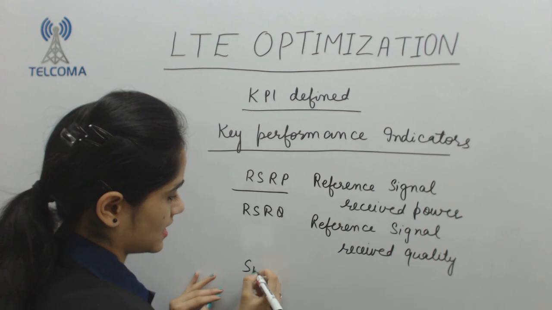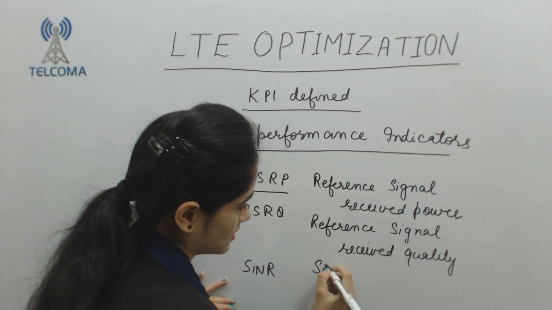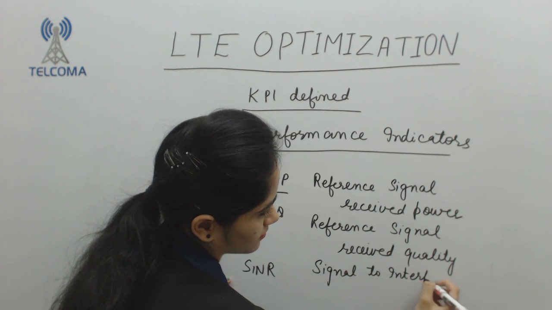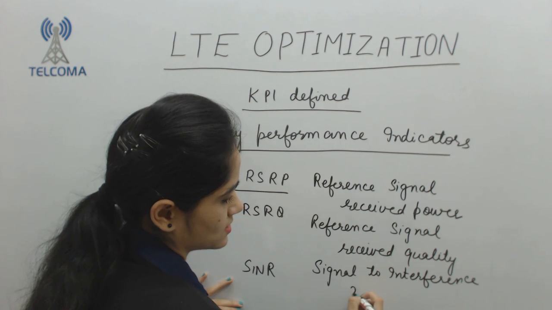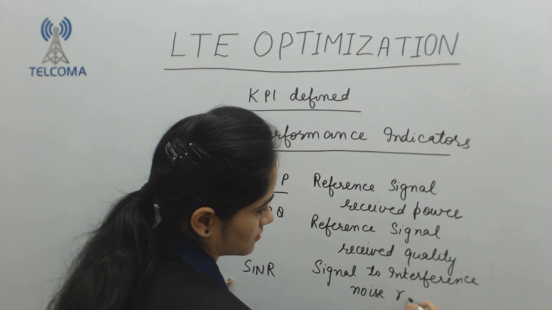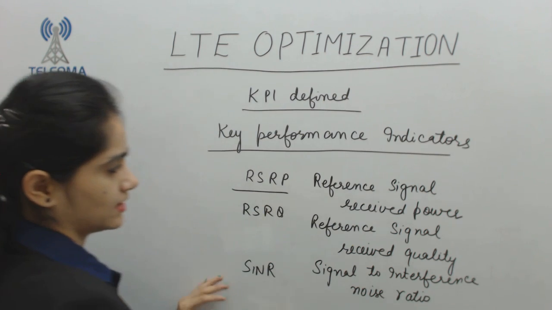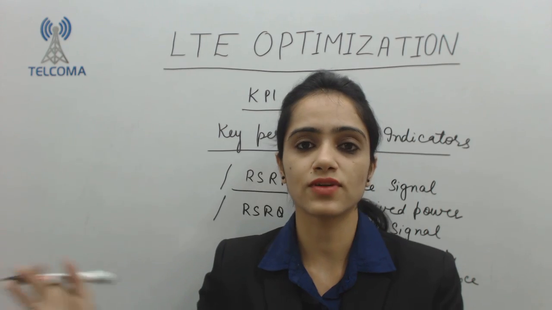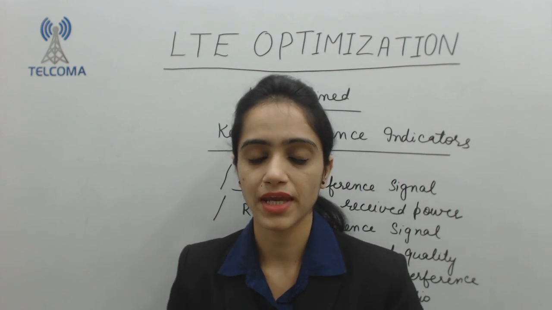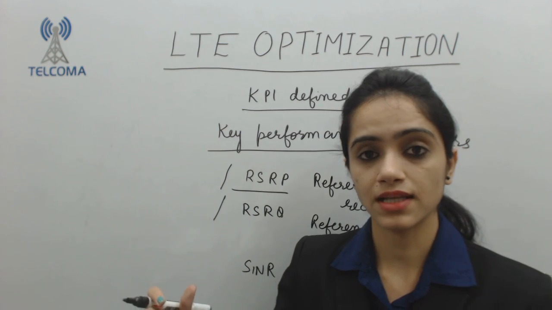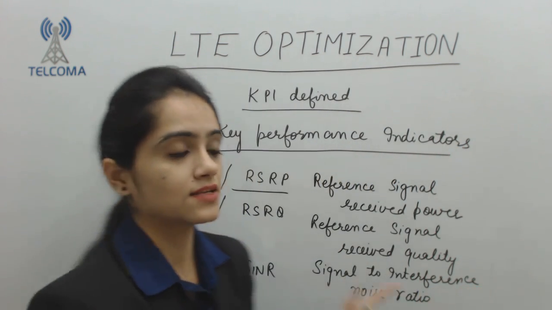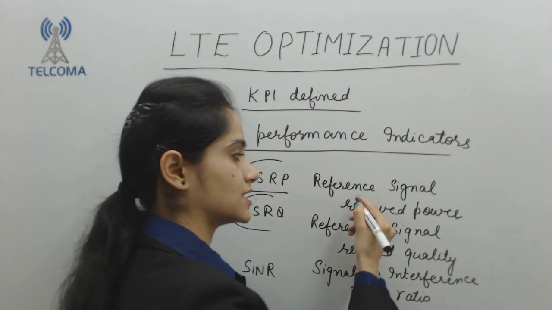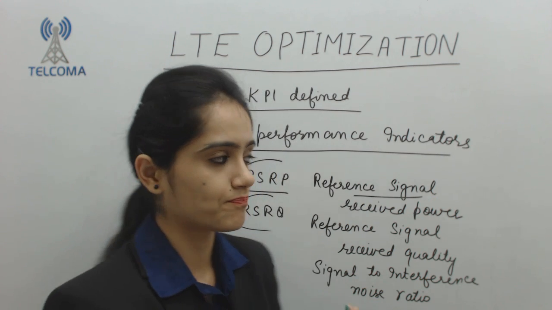Like this we also have SINR, signal to interference noise ratio. I can compare RSRP and RSRQ with the RX level and RX quality which we used in our GSM system, that is, reception level and reception quality. In LTE we have RSRP and RSRQ because we have reference signals to send the power.